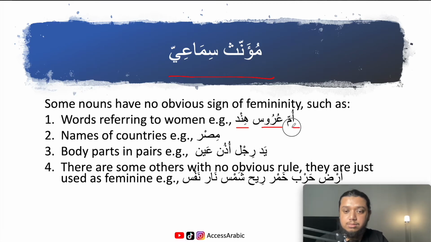And another example means mother. Your mother is a woman, therefore it is a feminine word. Names of countries are also feminine, such as Misr. In this example, Misr is a country, Misr is Egypt.